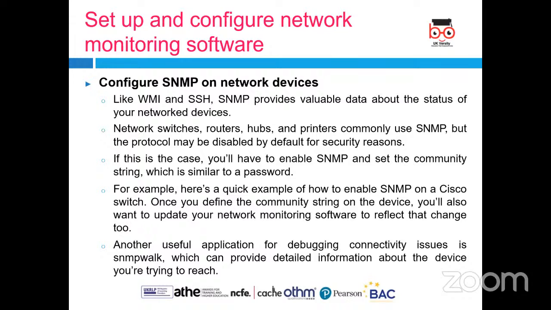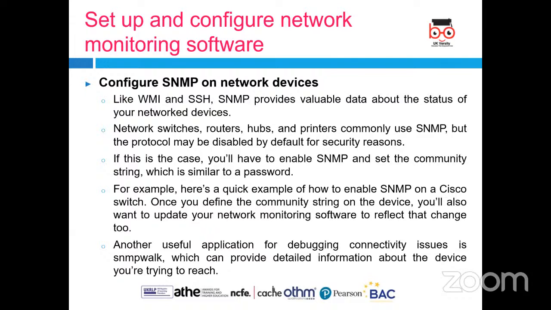Also, when setting up network monitoring software, we have to look into configuring SNMP on a network device, whereby SNMP will provide valuable data about the status of our network device. This makes it easier to monitor and see the network performance.